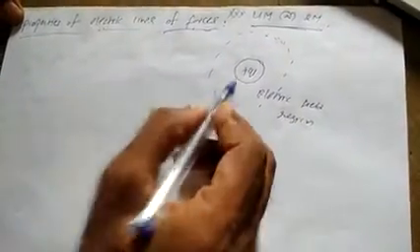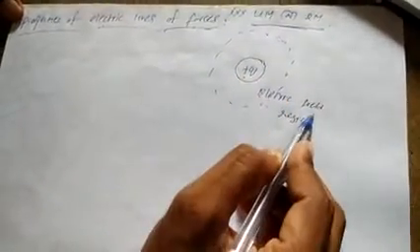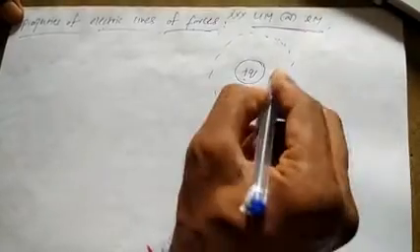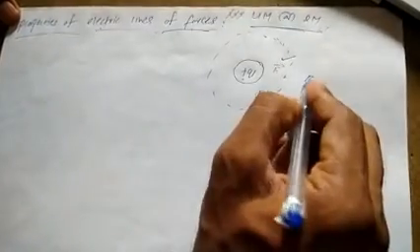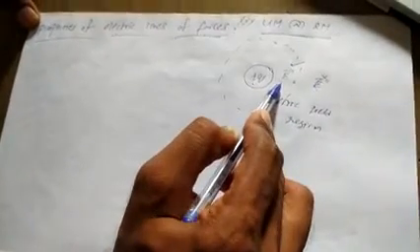Around this charge, up to this region, electric field is present. After this region, the electric field is not there. Up to this, the electric field is there.